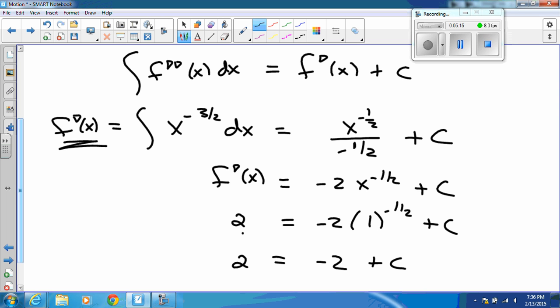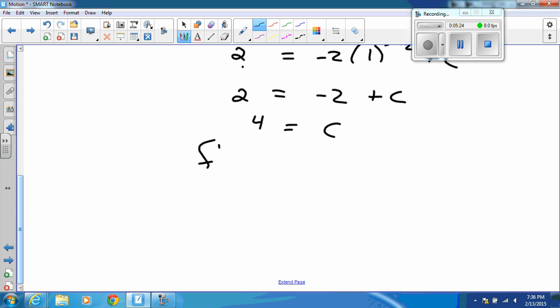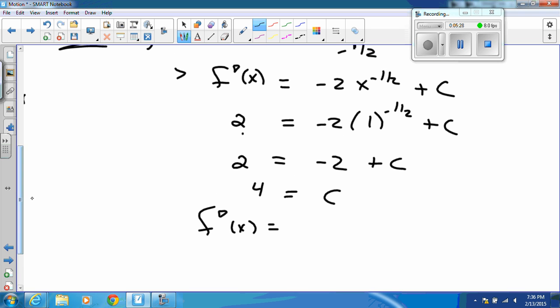Or in other words, 2 is equal to negative 2 plus c, since 1 to the negative 1/2 power is 1. And c is therefore 4. And I now have an expression for f prime of x. My particular f prime of x that satisfies the initial condition is negative 2x to the negative 1/2 plus the value of c that I found.